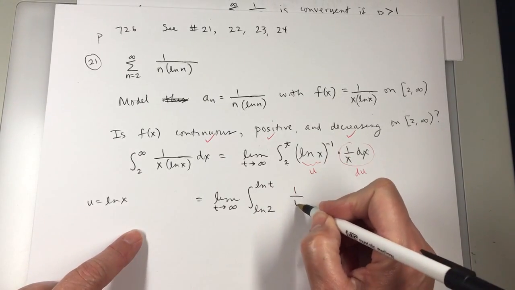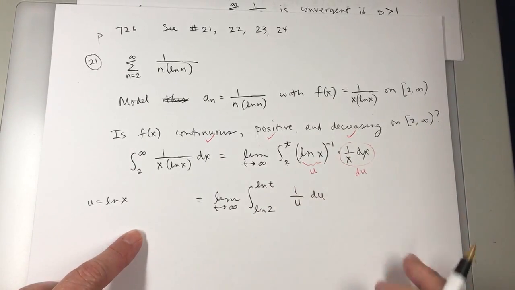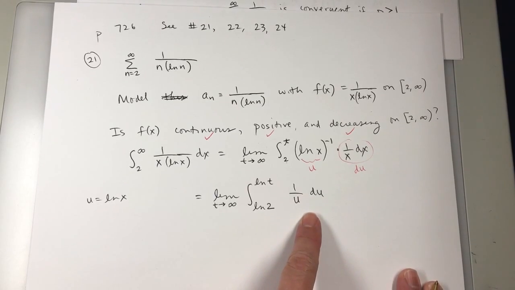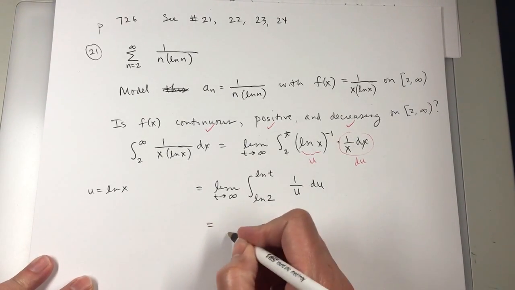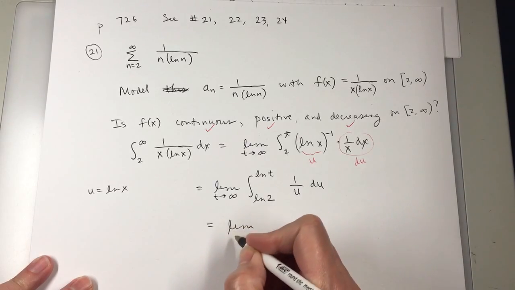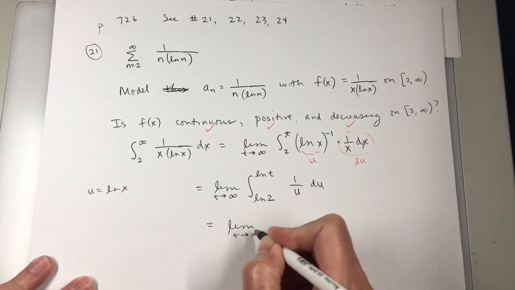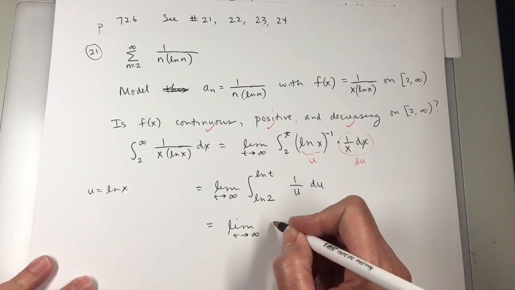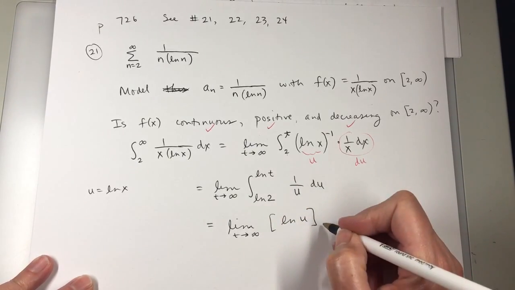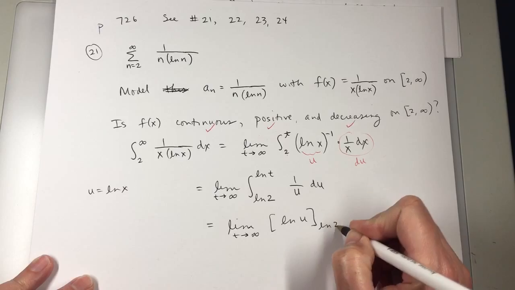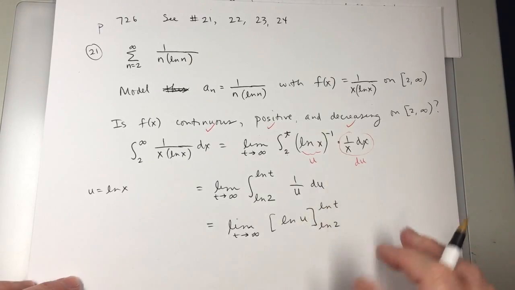So this would be 1 over u du. What is the antiderivative of 1 over u du? ln u. So this is the limit as t approaches infinity of ln u, going from the natural log of 2 to the natural log of t.